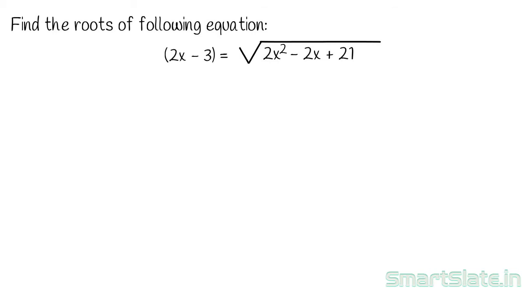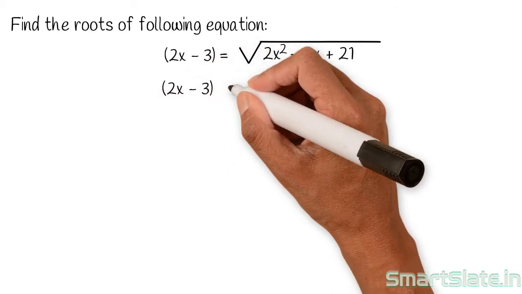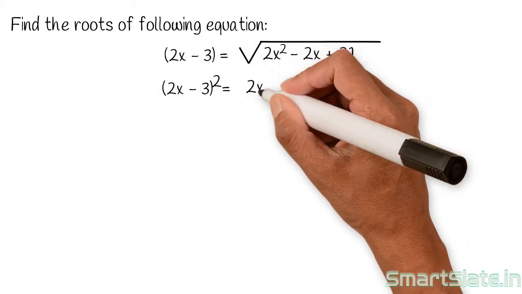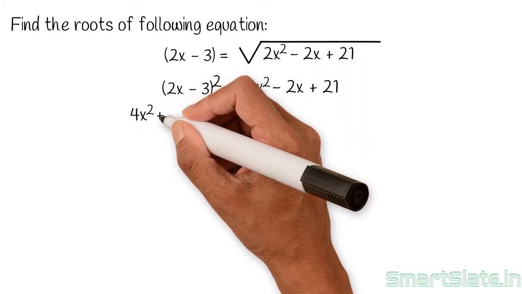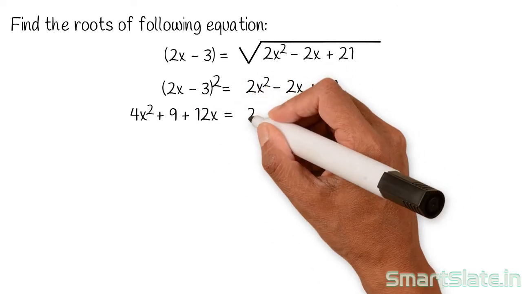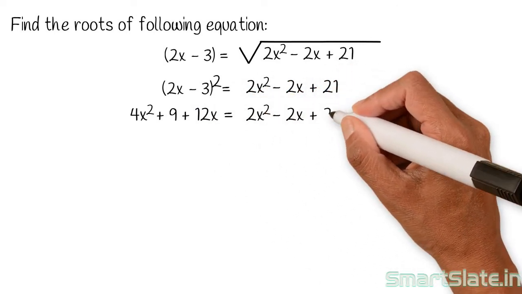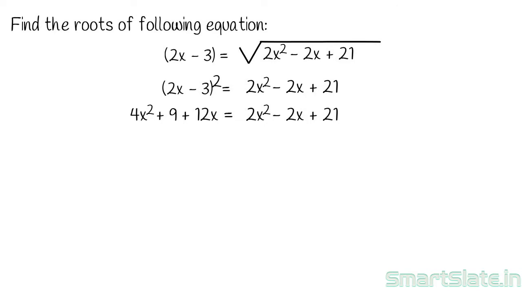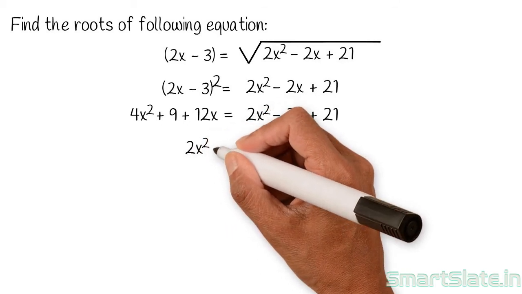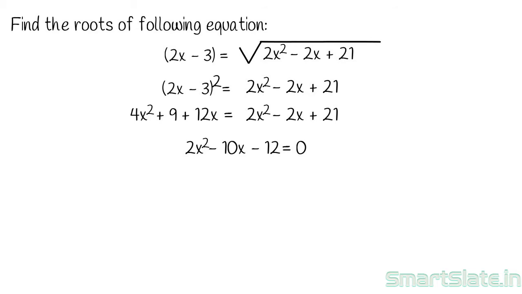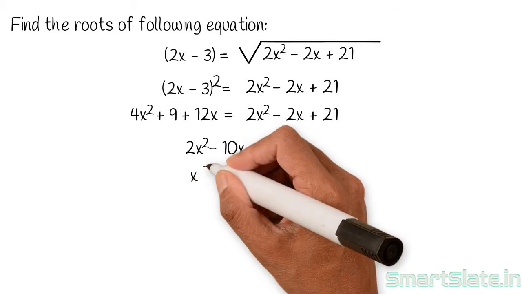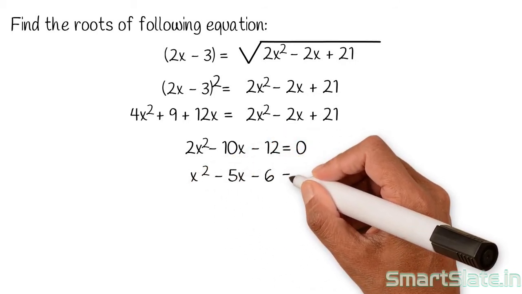Squaring on both sides would give you 2x minus 3 whole square equal to 2x square minus 2x plus 21, that is 4x square plus 9 minus 12x equal to 2x square minus 2x plus 21. Adding and subtracting the right side and left side of the equation gives you 2x square minus 10x minus 12. Equate this to 0. For simplicity, we can remove 2 as a common factor from all the terms. That makes the equation x square minus 5x minus 6 equal to 0.